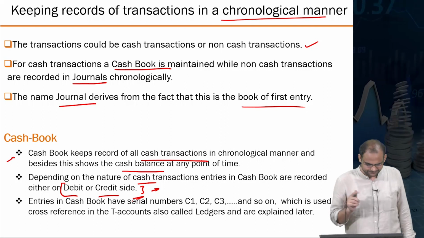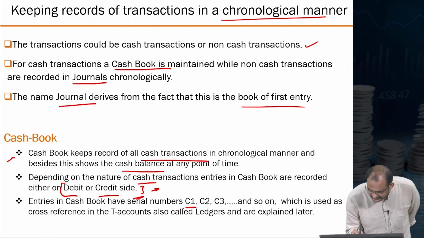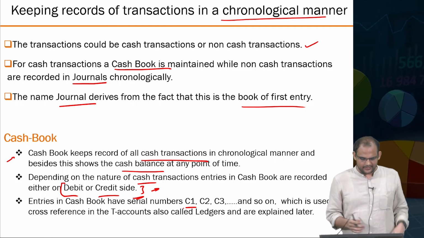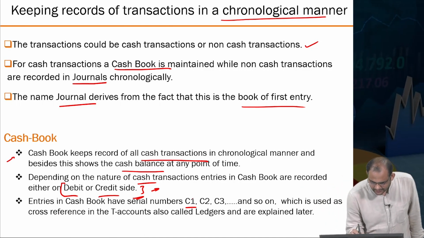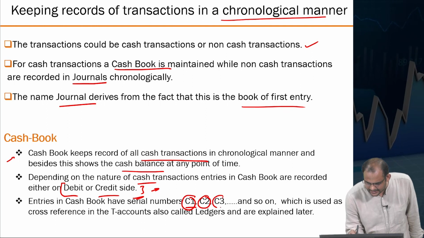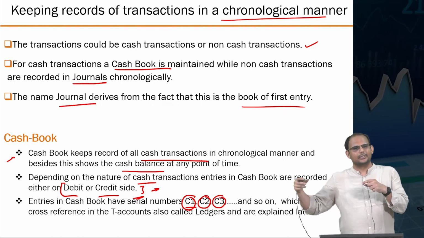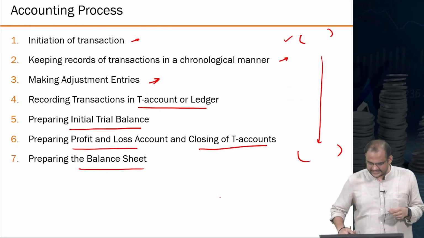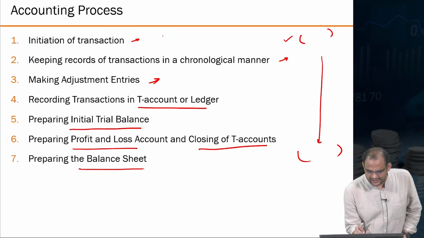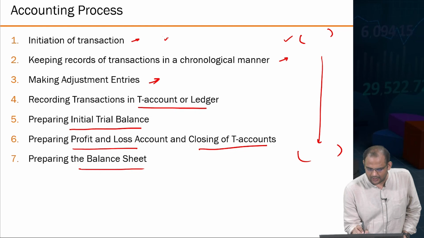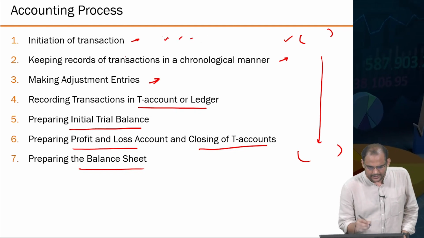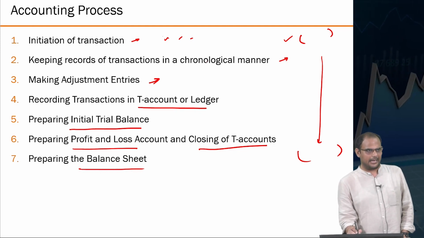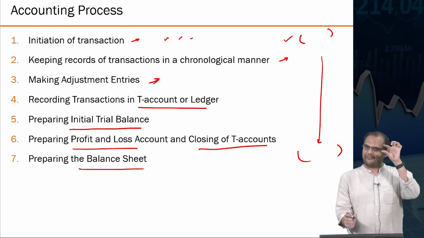Okay, bear with me. Typically, the cash book entries have a serial number, C1, C2, C3 kind of a thing. And then you use these numbers to ensure traceability. For example, in this 7-step process, each transaction, maybe you could record with some sort of numbering system, right? Then when you are shifting the information from transaction to this chronological manner, that's where you are assigning a reference number.